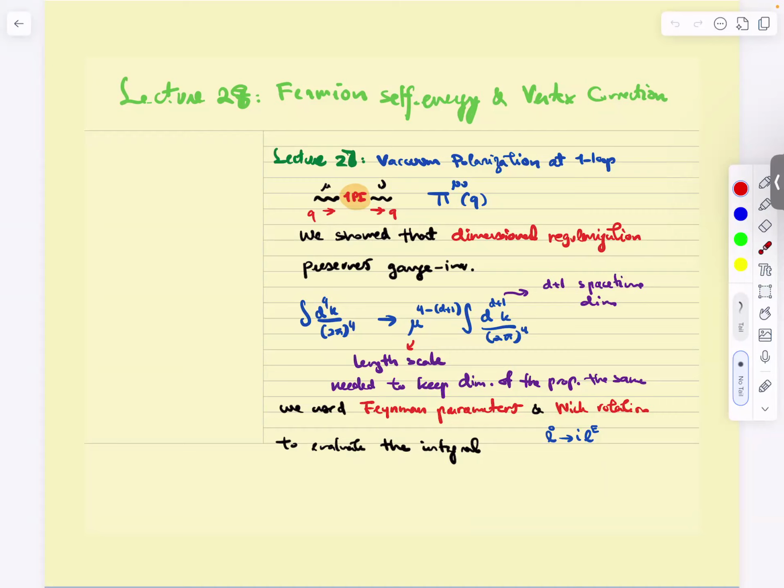One physical observable is the running of the charge, how much the charge runs as we go from some scale q squared to 0. When we looked at that running, and we're going to repeat that again, it will be independent of the cutoff. The epsilon term will cancel, right?